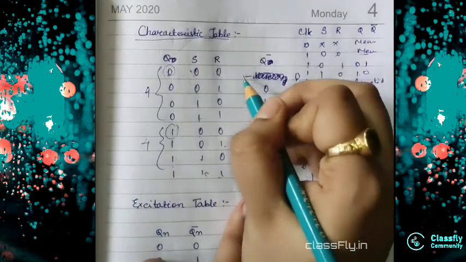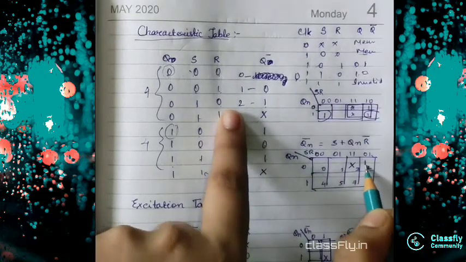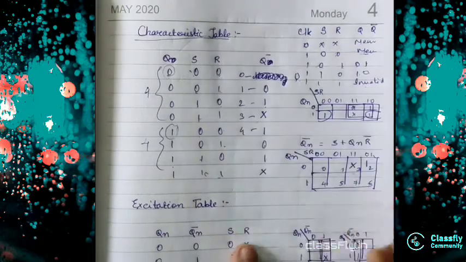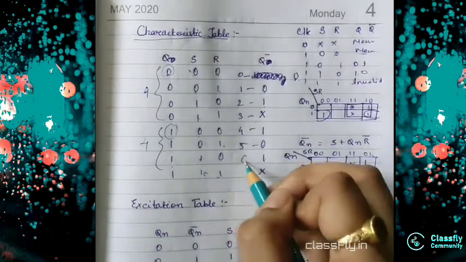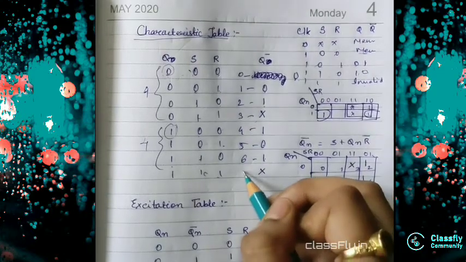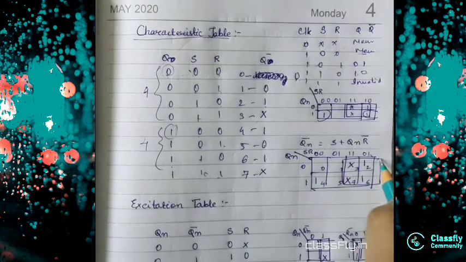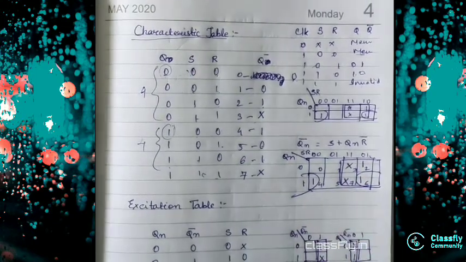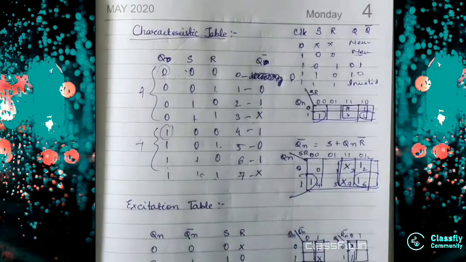because see, this is my 0, this is my 1, this is my 2. So 2 is here, 1, 3 is at the cross, again 4 will be 1, and 5 is 0, so nothing, 6 is 1, and 7 is a cross. So I will make a grouping of this and a grouping of this. So for my first grouping, as my QN is changing 0 to 1, so it will not be there.